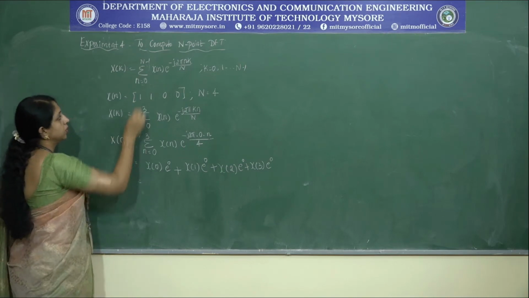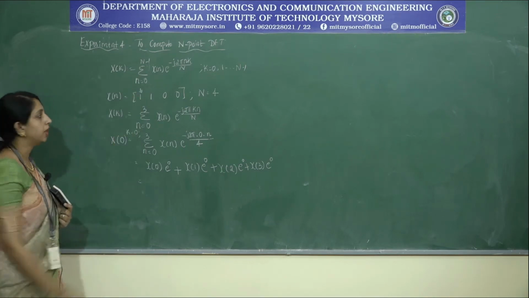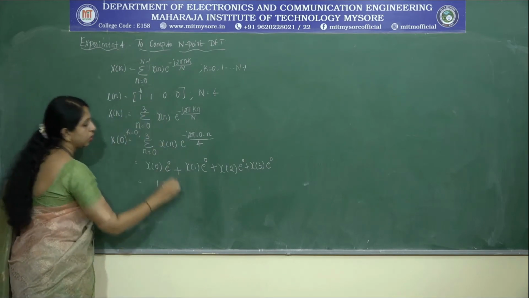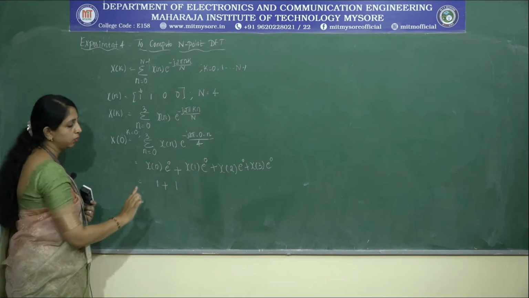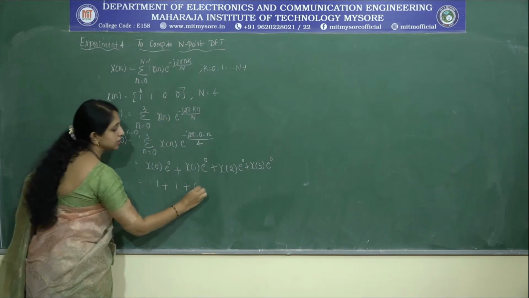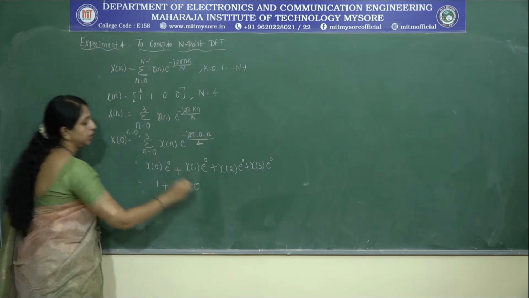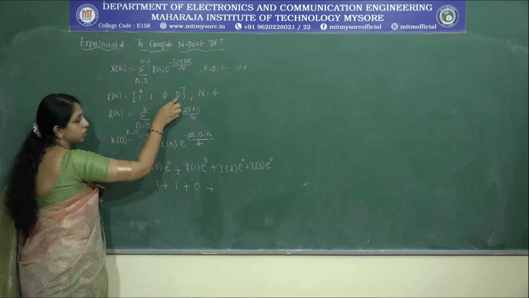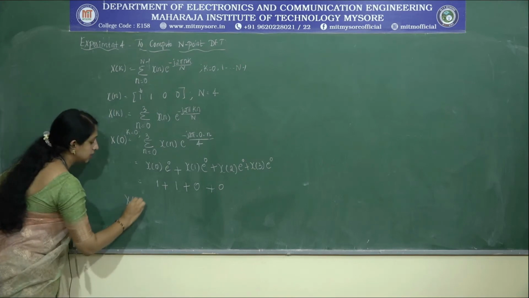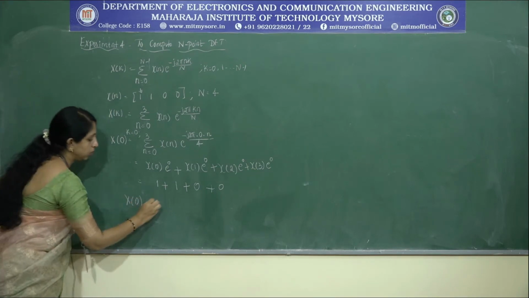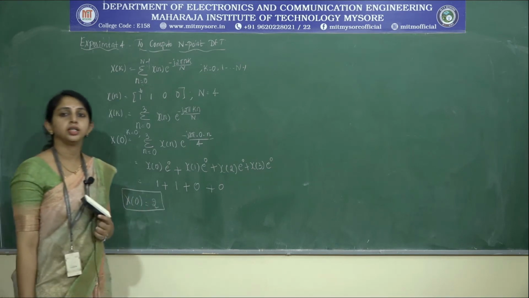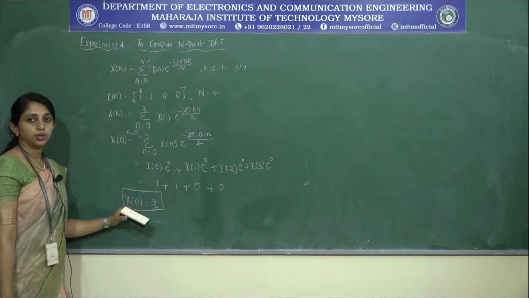What is x of 0? This is the 0th position value, which is equal to 1, plus x of 1, it is also 1 into e power 0 is 1, 1 into 1 will be 1, plus what is x of 2? 0, 0 into anything will be 0, plus x of 3, it is also 0, 0 into any value will be equal to 0. What is X of 0 we are getting? It is equal to 2. Okay, this is the first DFT value for position n is equal to 0.